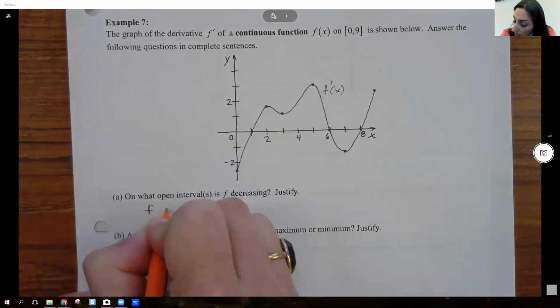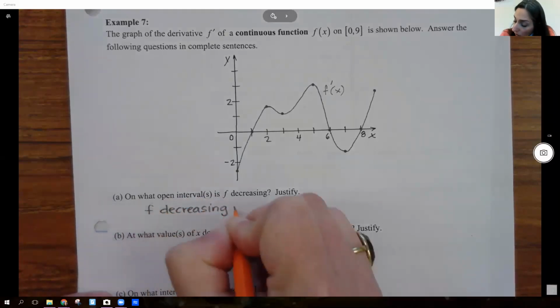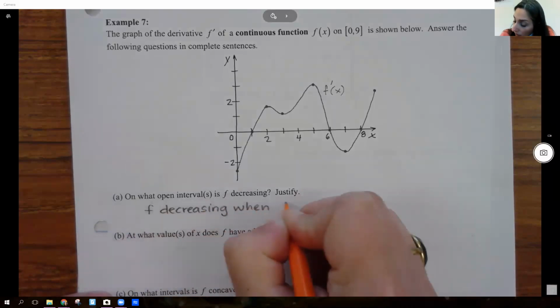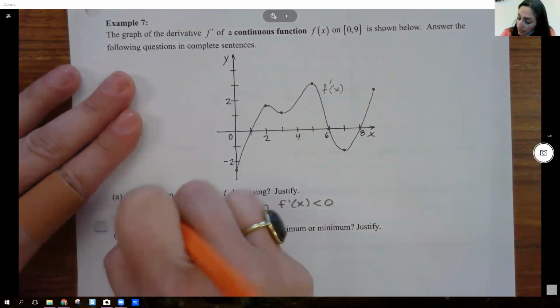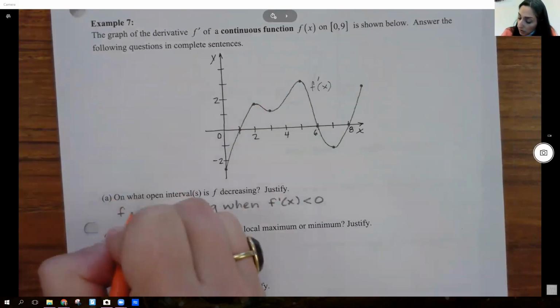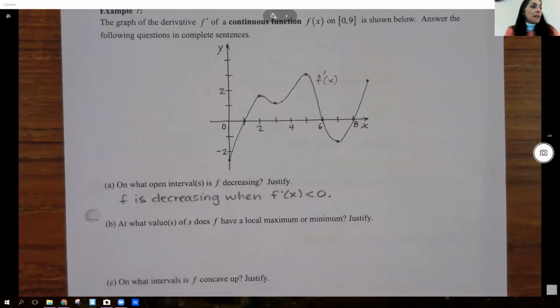So f is going to be decreasing when the first derivative is less than 0. Okay? So tell me, when is the first derivative less than 0?